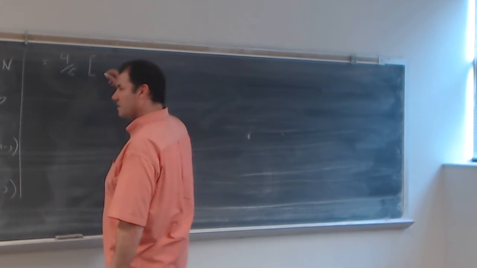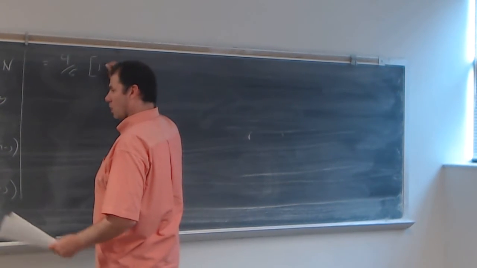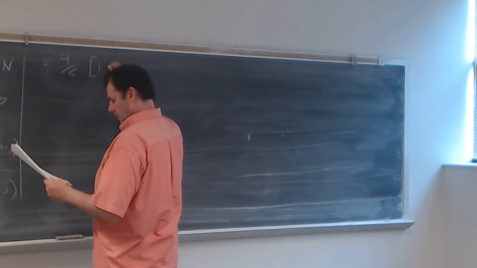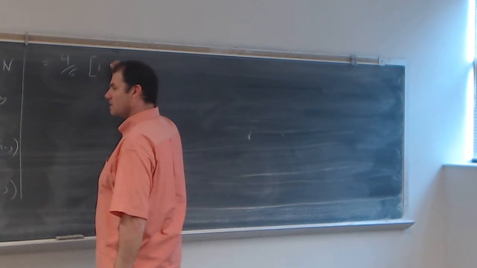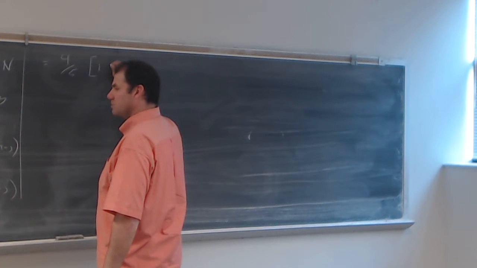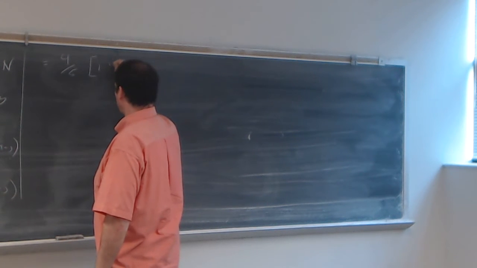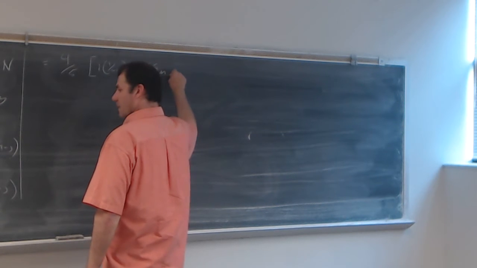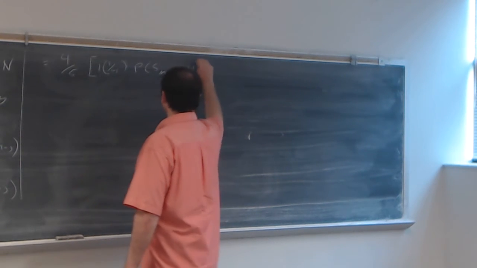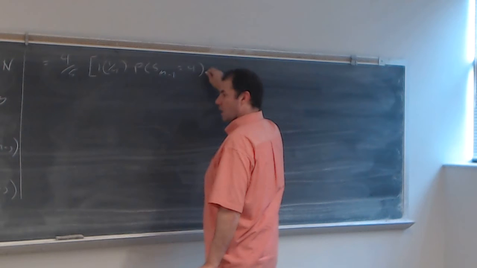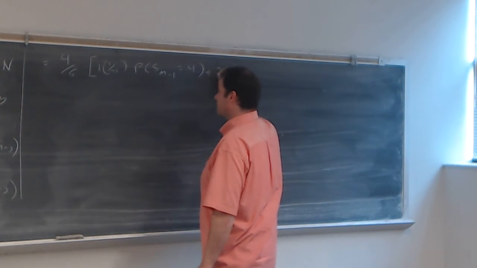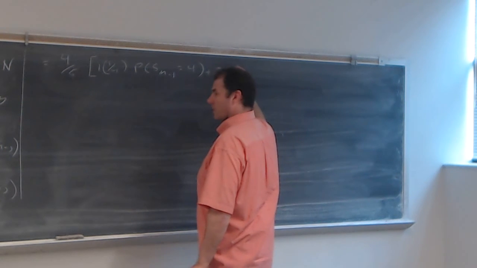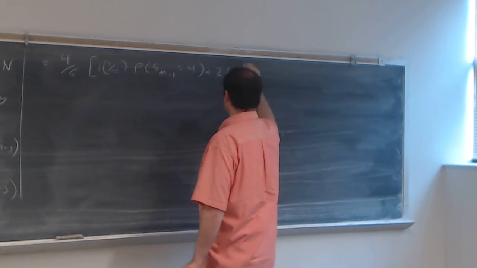this will be 4/5 times 1 times the probability that X_1 is equal to 1. Well, that's 1/4. Times the probability that S_{m-1} is equal to 4. And then plus, it'd be 2 times the probability that X_1 is equal to 2. Well, that was 1/4.